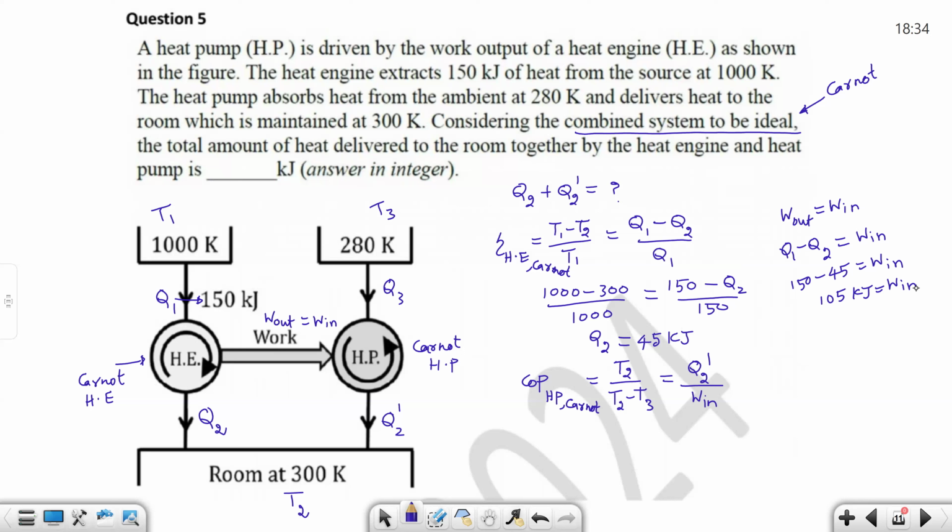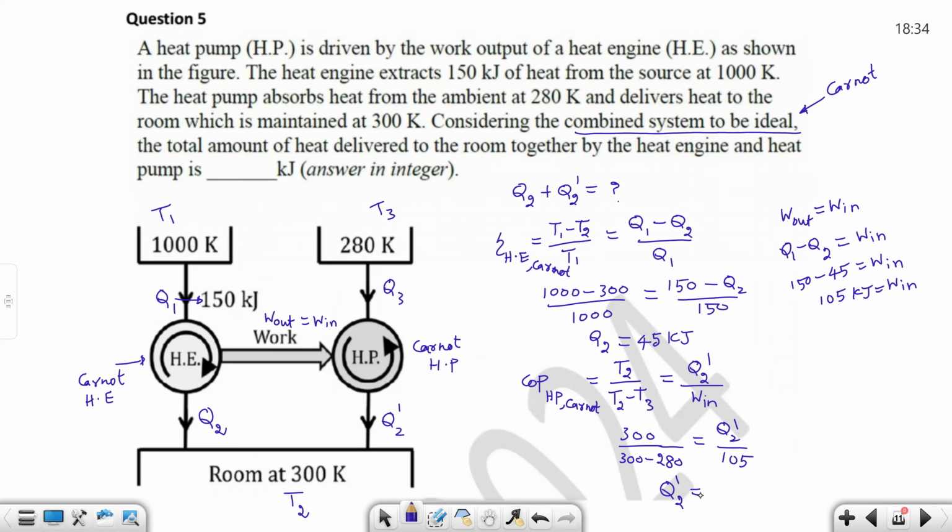Now you can substitute the values: T2 is 300, divided by 300 minus 280, equals Q2 dash divided by W, which is 105.